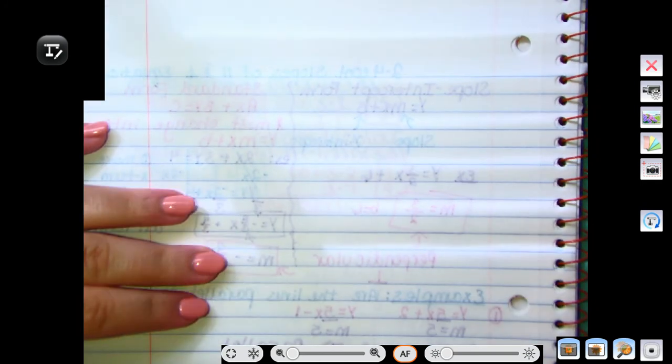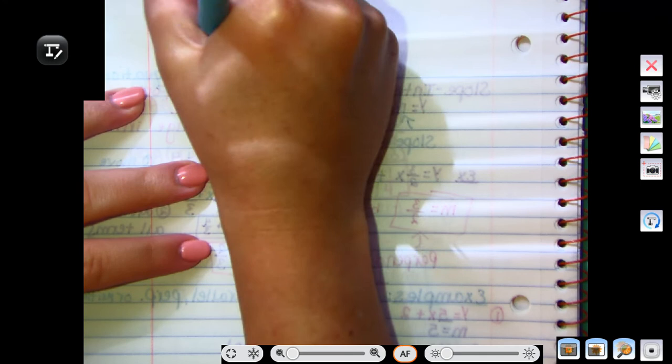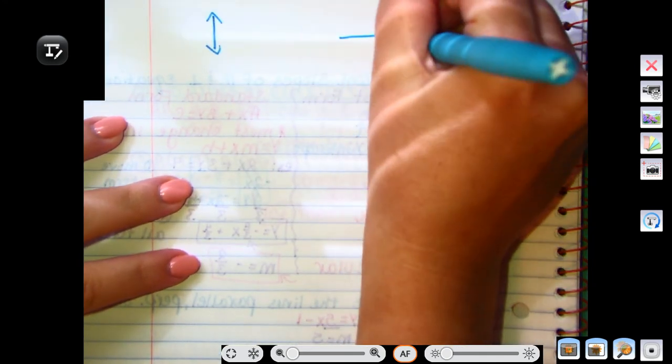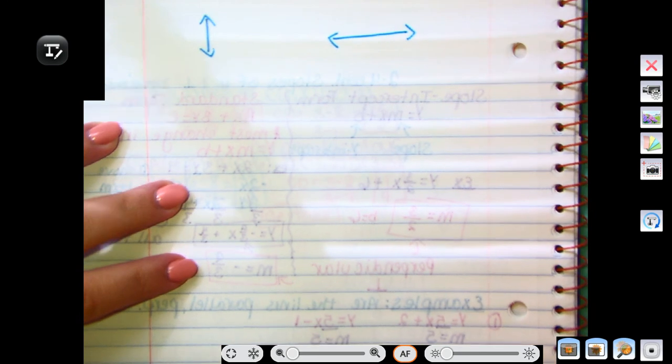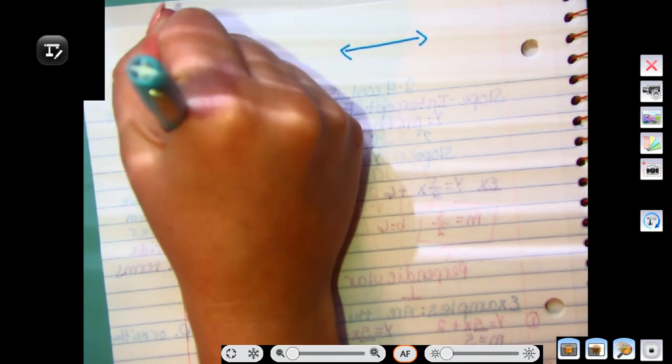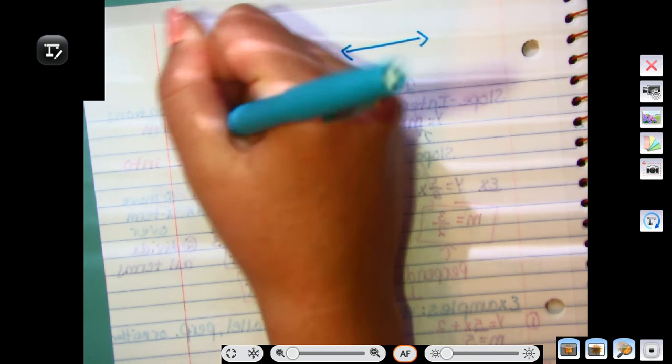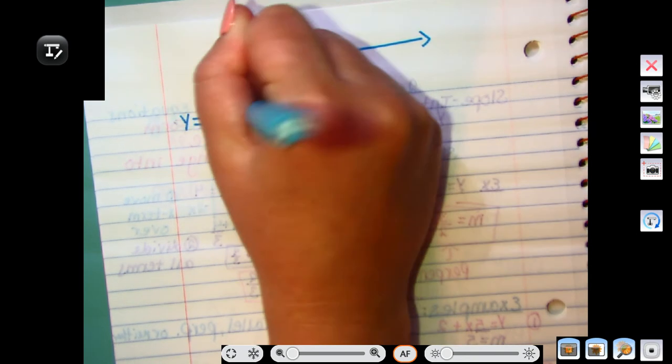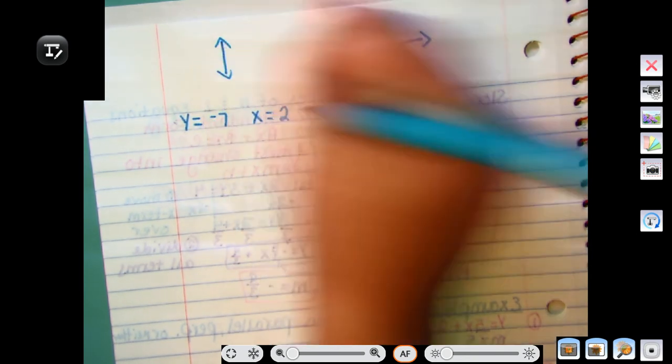So I just reminded you, this is a vertical line. This is a horizontal line. And you can have those lines with equations. So some ones that you might see are if you have y equals negative 7 and x equals 2.